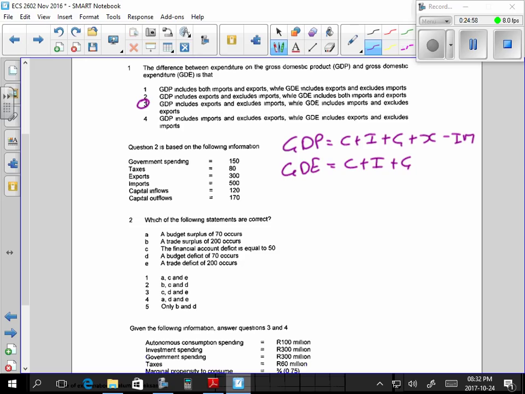Okay? Because obviously they don't want to make it too easy for you. If they do ask you for your equations, that's all you write. Okay. We assume that imports already form part of consumption, investment, and government expenditure. Right. So we do not write imports for GDE.